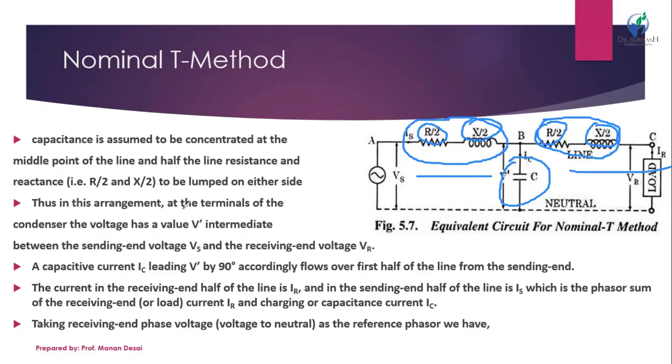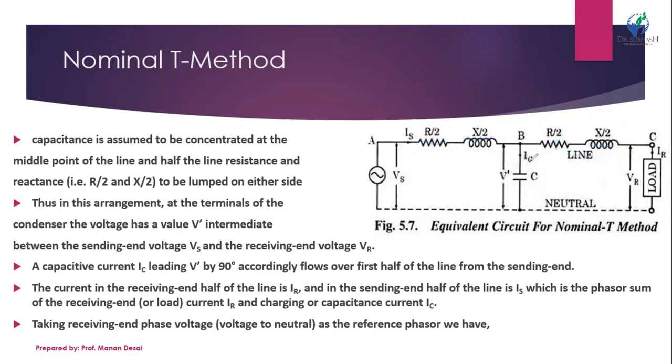Thus, in this arrangement, at the terminals of the condenser, the voltage has a value V, intermediate between the sending end voltage Vs and the receiving end voltage Vr. Now, the capacitor current IC is leading. Obviously, it is leading because it is a capacitor, and capacitive current leads its voltage.